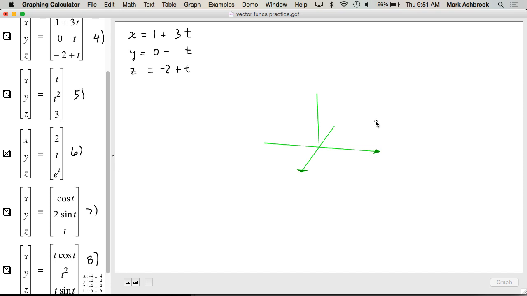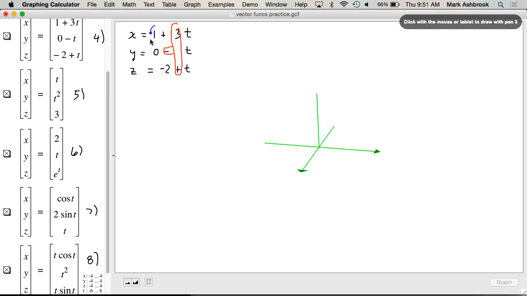This is exactly what we said, the parametric equations of a line. So you immediately know what? The direction vector is 3, negative 1, 1. It's a negative, right? Okay, 3, negative 1, 1. That's the direction, a vector parallel to the line, and you have a point on the line.